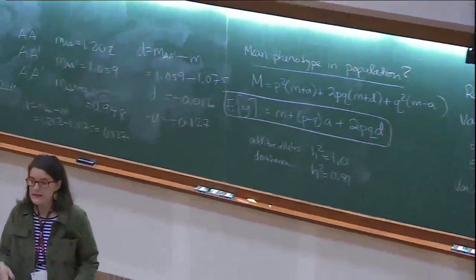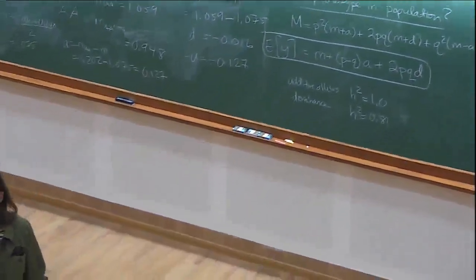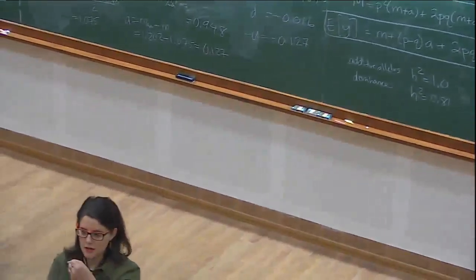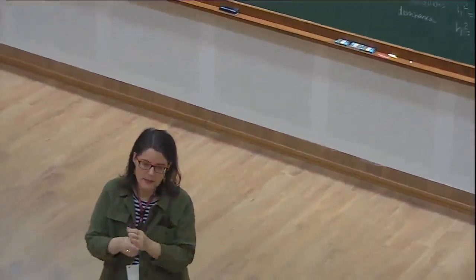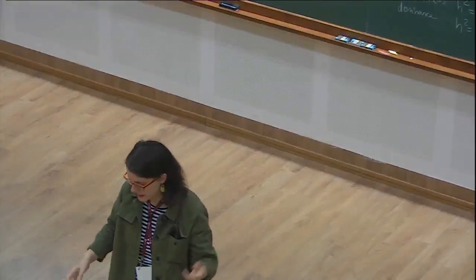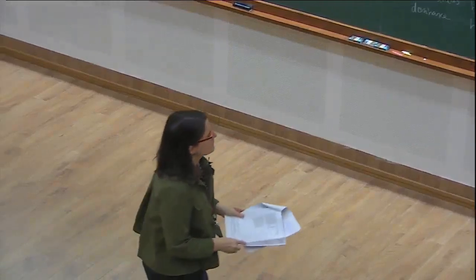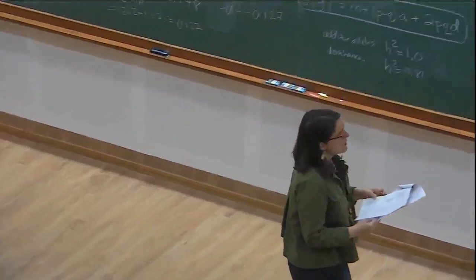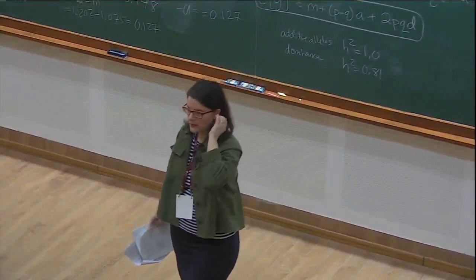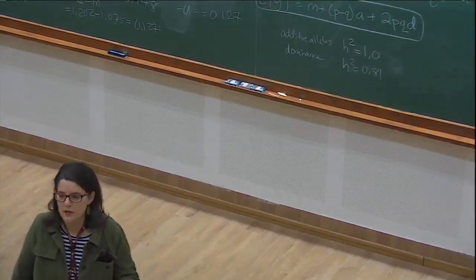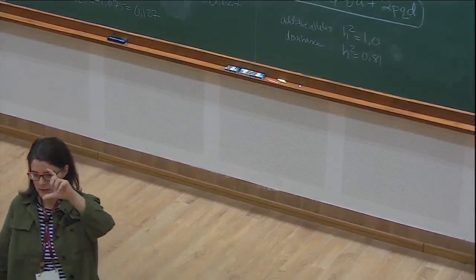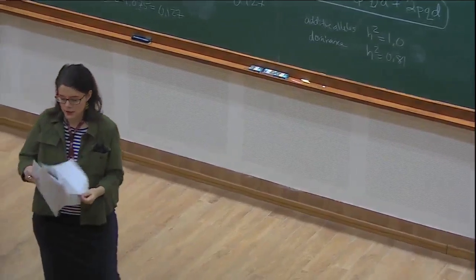And that's because when you have dominance, some of the phenotype is due to the interaction between alleles at the same locus. We'll talk about later what happens if you have interactions between alleles at different loci, if you have epistasis. So under sexual reproduction, in general, every generation you lose that relationship between the diploid genotype and phenotype.